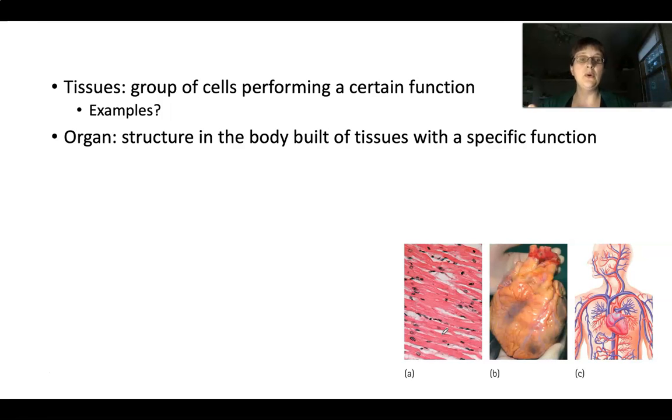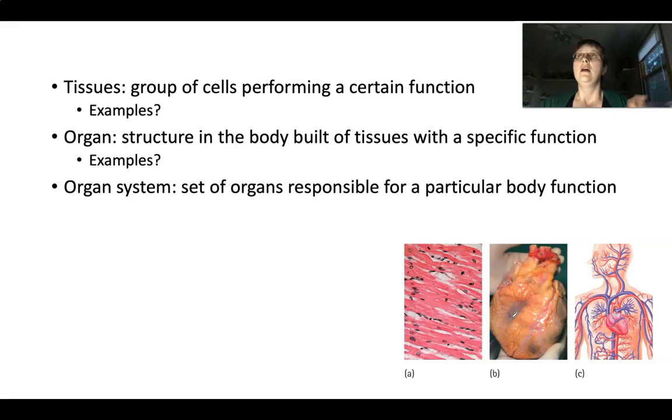So for example, a heart would be an example of an organ. That heart is made up of multiple types of muscle tissue that work together in concert to do the function of pumping. Okay. Then you get an organ system.